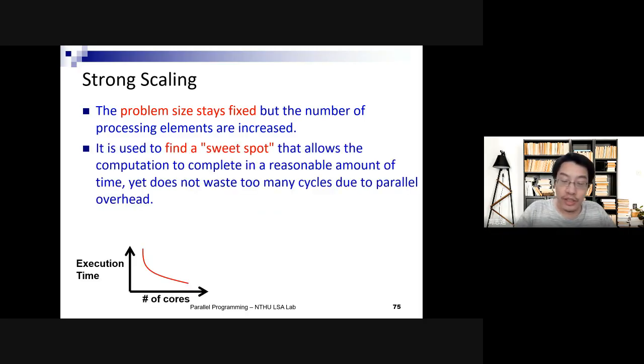So you can see for strong scaling, its definition is the problem size cannot be changed at any scale. Of course, the execution time should be lower, similar to what we saw before.